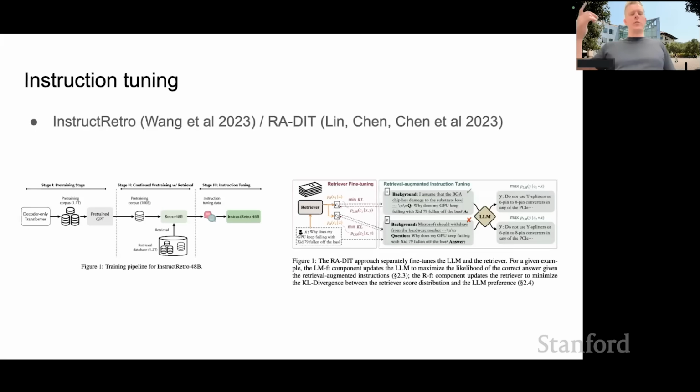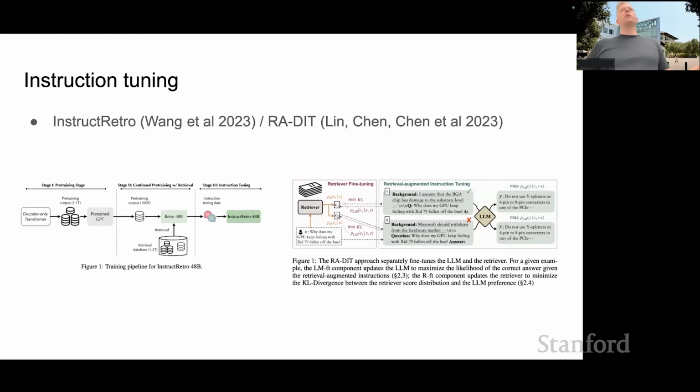So the other missing piece, I'm just going through a bunch of open questions that people have looked at. But feel free to interrupt me if there's anything you want to know. Instruction tuning, we established at the beginning of the lecture, is pretty important for getting things to work, so fixing the user interface. But the instruction tuning has almost always only happened on the language model and not on the entire system.